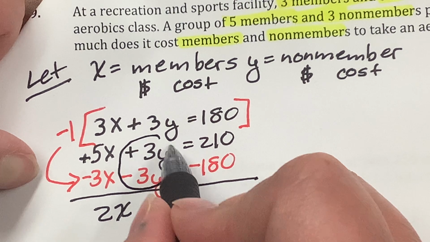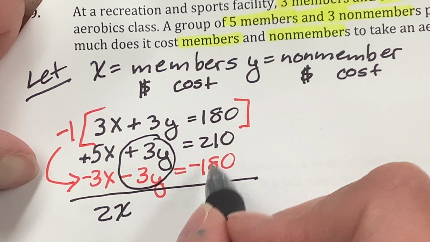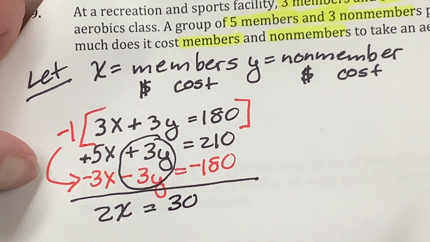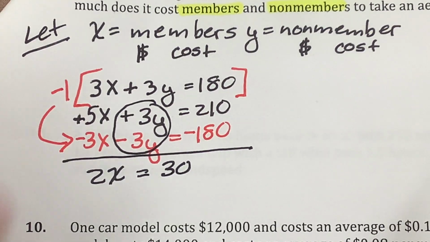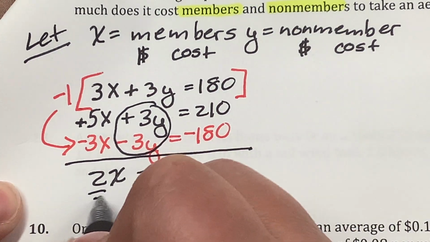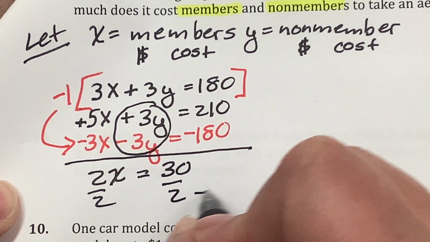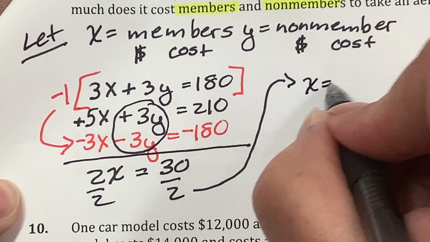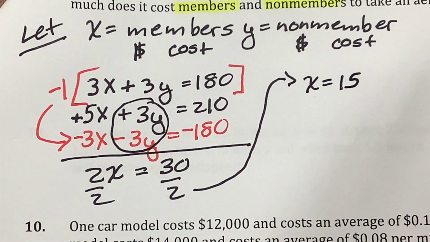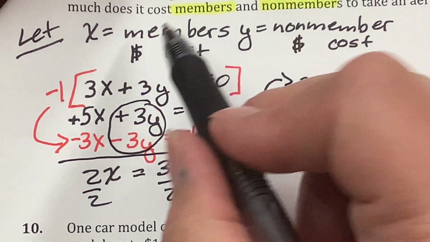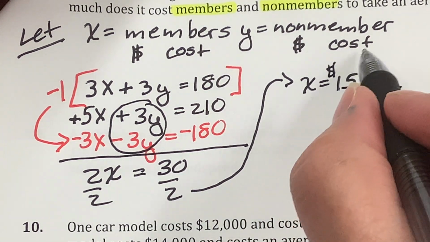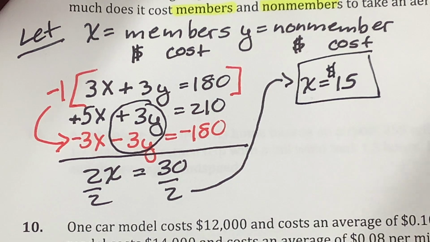Positive 3 and -3 is 0. 210 minus 180 is 30. Divide by 2, and I get x equals 15. 15 what? Members cost, it's in dollars, so I'll put my little floating dollar sign up there. So now I know x is $15.